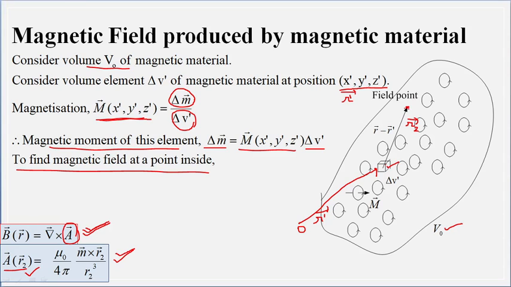Then the point where you are finding the magnetic field has the position vector R. So if you use the vector law of triangle, you get this R2 equal to R minus R dash. The position vector of the element is R dash, the position vector of this point is R, so by the vector law of addition, R2 will be R minus R dash.